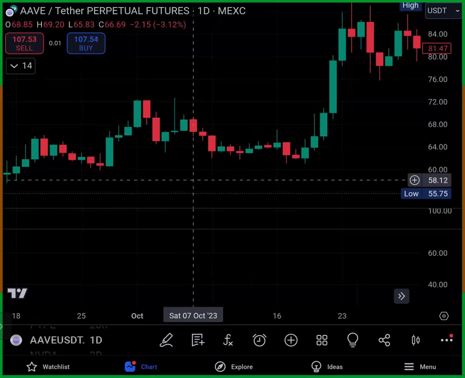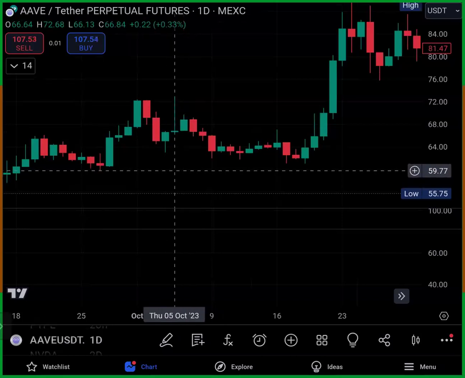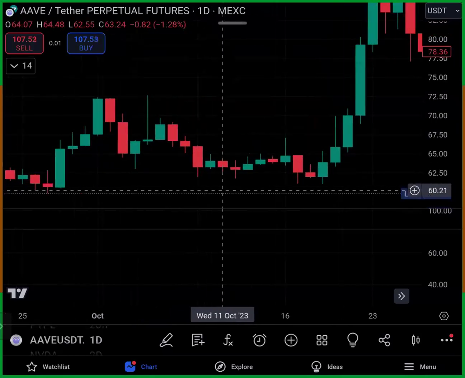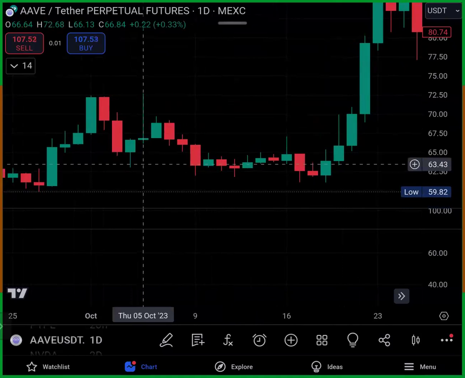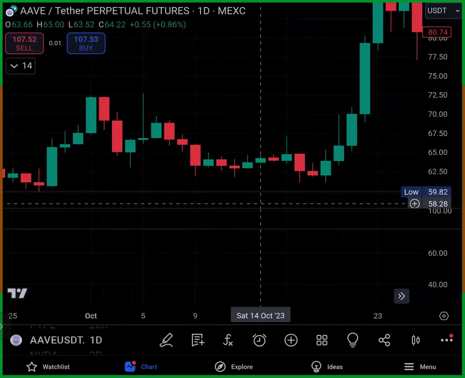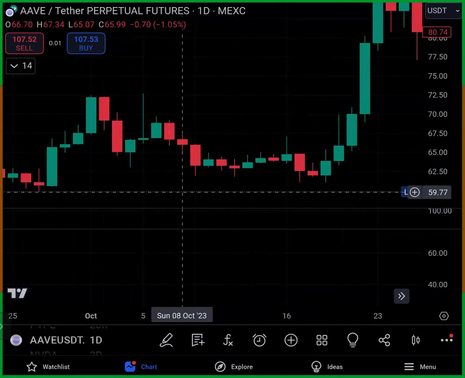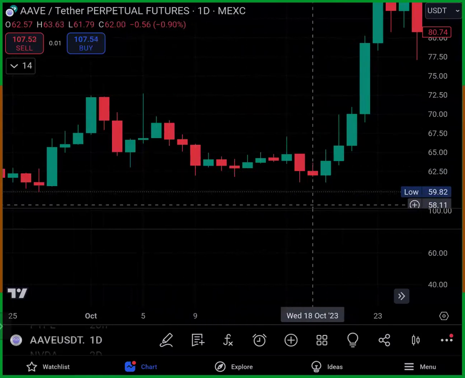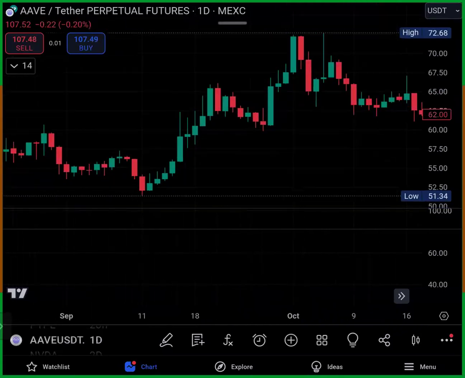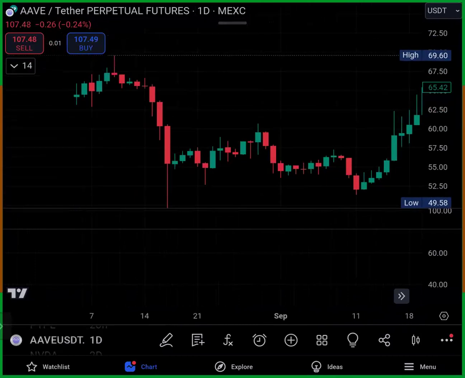It doesn't matter if it's green, if it's like this, that's considered to be a gravestone doji. And that called for a reversal to the downside. But then, like I said, the buyers regained.